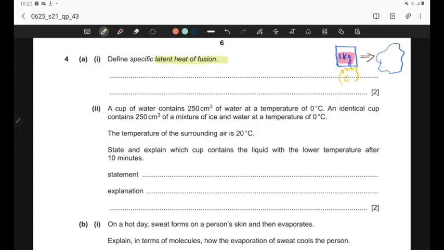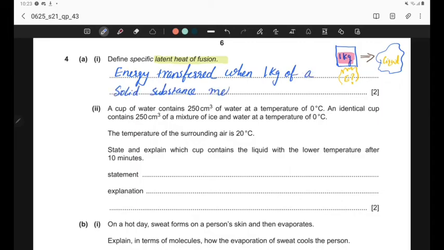So the energy required to convert 1 kilogram of solid into liquid is known as latent heat of fusion. Therefore we can write it is the energy required or energy transferred when 1 kilogram of a solid substance melts to form a liquid.